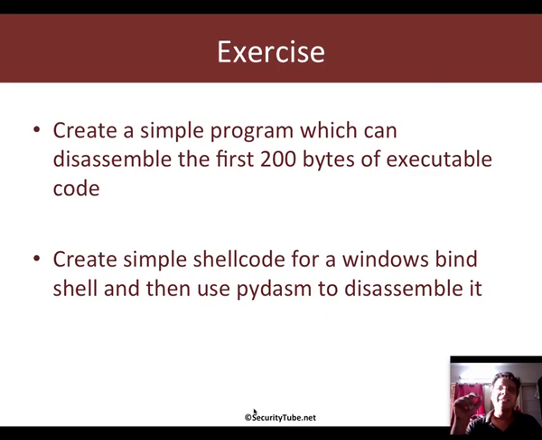The reason I tell you not to use any encoding is that if you encode the shellcode, you would first have to decode it, and then end up getting the final equivalent from the disassembly of the decoded shellcode. So keep it simple: create simple shellcode, a Windows bind shell, and use Pydasm to disassemble it.